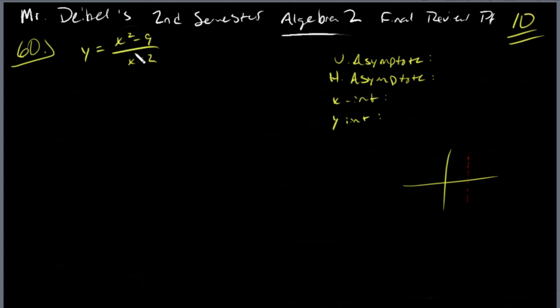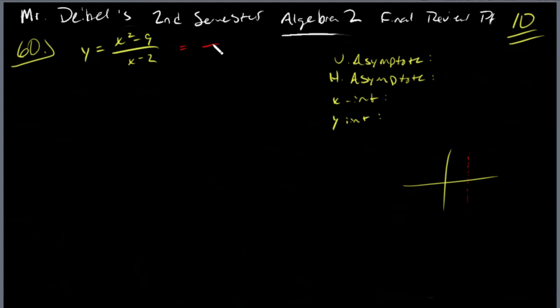The biggest way to find vertical asymptotes on rational functions is to set the denominator equal to 0 and solve, because if the denominator is 0, you would be dividing by 0, and that is undefined. So that is some value of x that, if you plug it in, you'd get 0 down here, and you would have an undefined value giving you a vertical asymptote, right? So that's what we need to do.